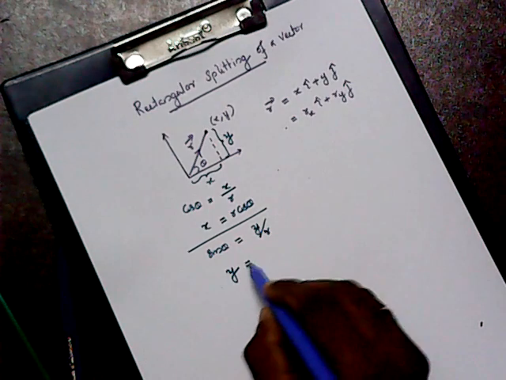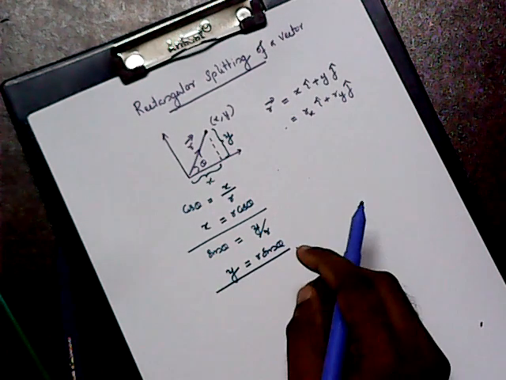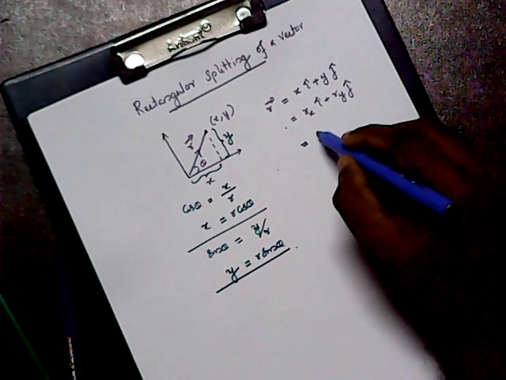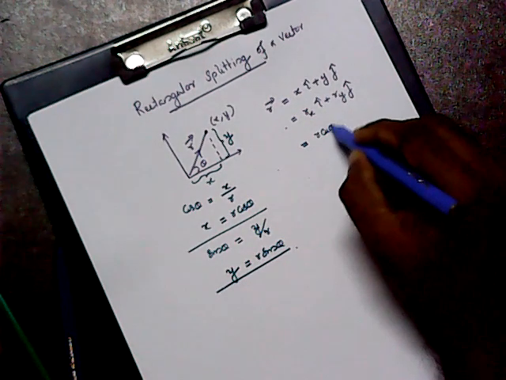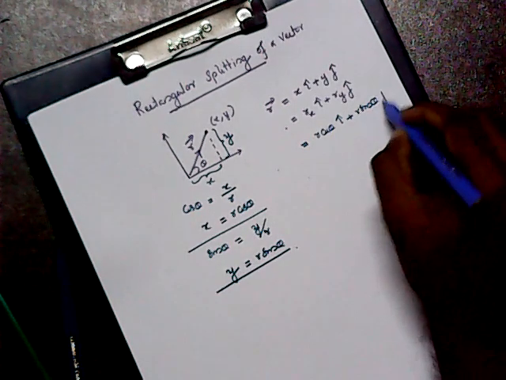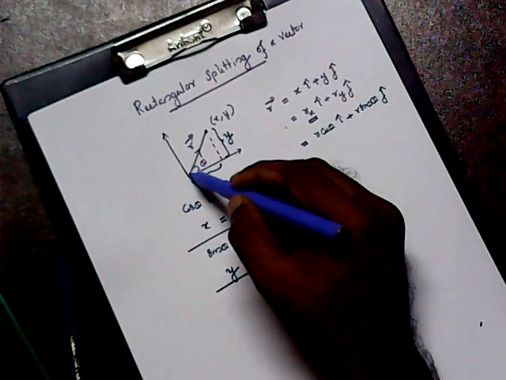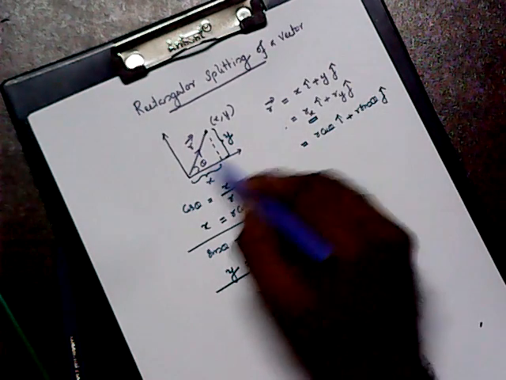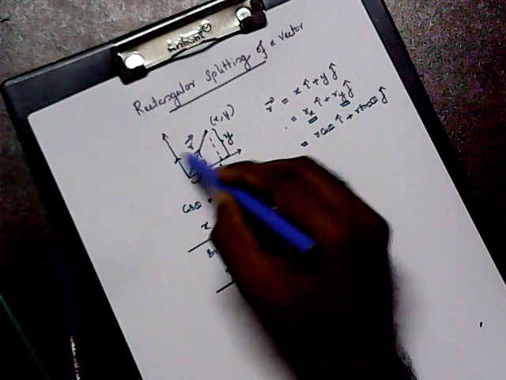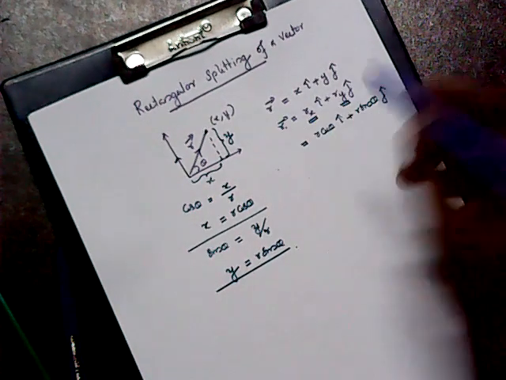So we get y equal to r sine theta. So we get R equal to r cos theta i plus r sine theta j. So Rx is what? The component of r along x-axis. And what is Ry? The component of r along y-axis. That is the meaning we have to interpret.